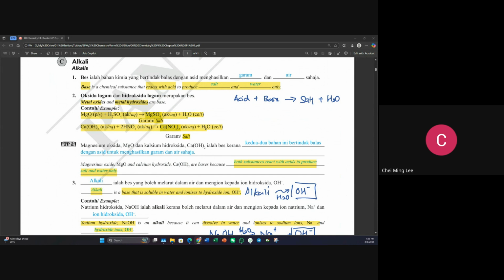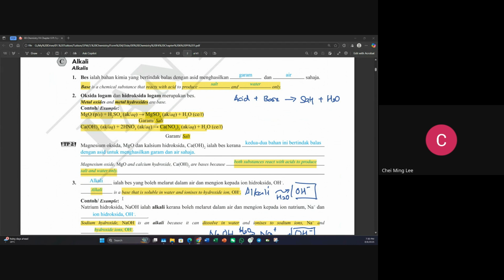Salt is actually made up of ions, a cation and an anion. Like the salt that we eat, sodium chloride. These are considered bases because both substances react with acid to produce salt and water only.